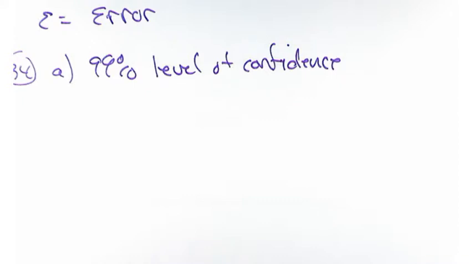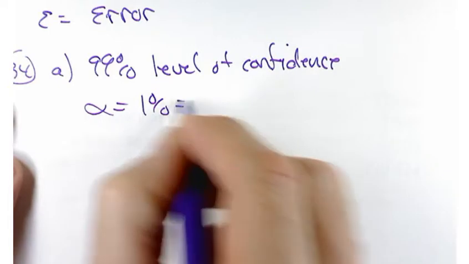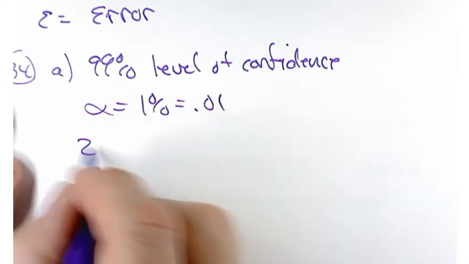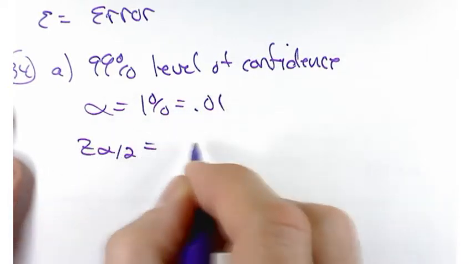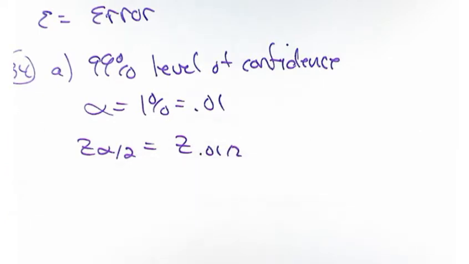Yeah, 0.01 or 1%. So alpha is 1%, equals 0.01. And from there I need z sub alpha over 2, which is z sub 0.01 over 2.